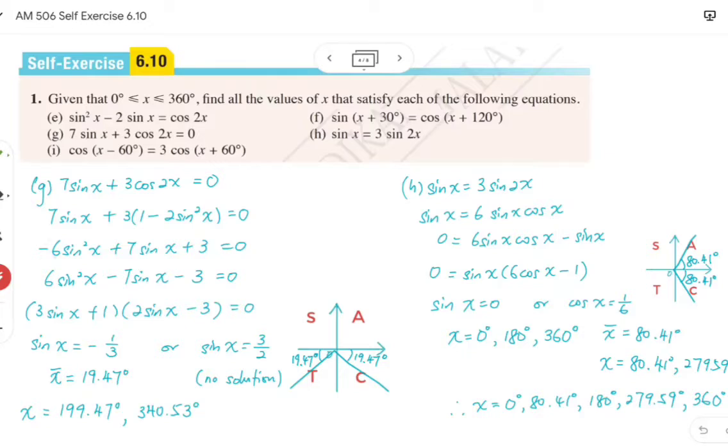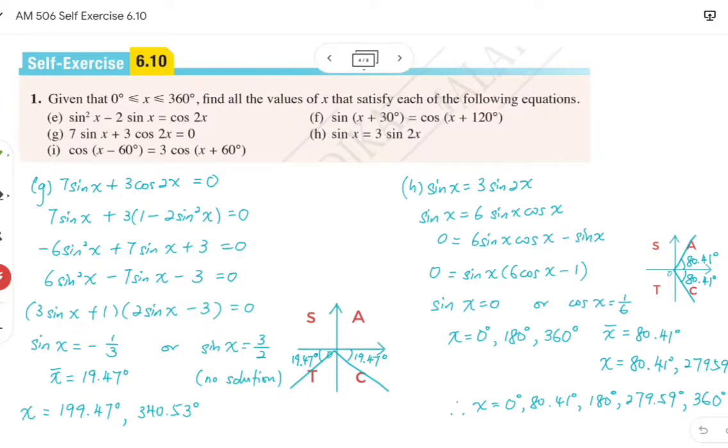I prefer to factorize with a positive a, so everything times negative 1. We get 6 sine square x minus 7 sine x minus 3 equals 0. Factorize it. We get 3 sine x plus 1 times 2 sine x minus 3 equals 0. The first factor equals 0, the second factor equals 0.